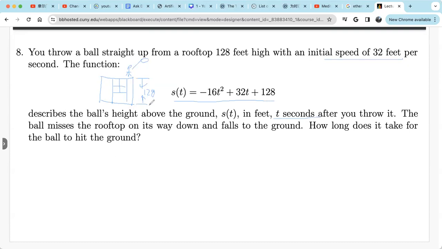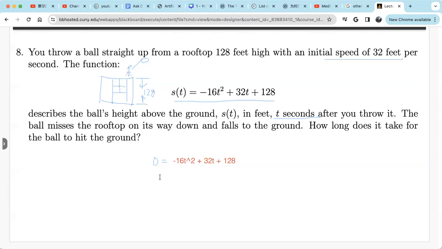So when the ball hits the ground, what is its height? Its height is 0, right? When it hits the ground, the height is 0. So equals this negative 16t squared plus 32t plus 128. We just solve this equation. Right. Now let's see. 16, does 16 divide 128?